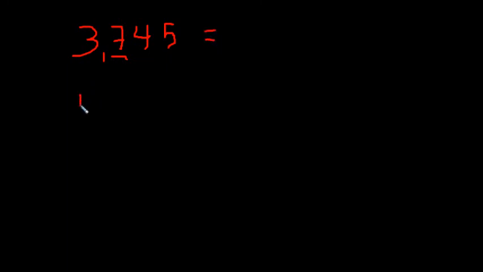Now we have 52,000. Then 2,357. Now tell me what is the place value of number 5, the one that is underlined.